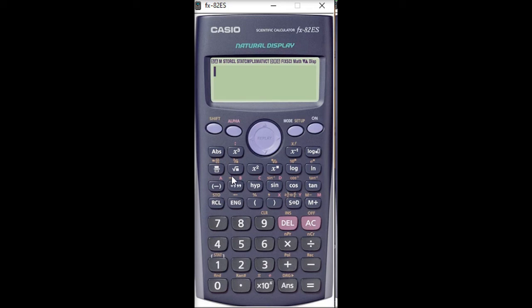For example 1, we want sine 28 times 12 equals.